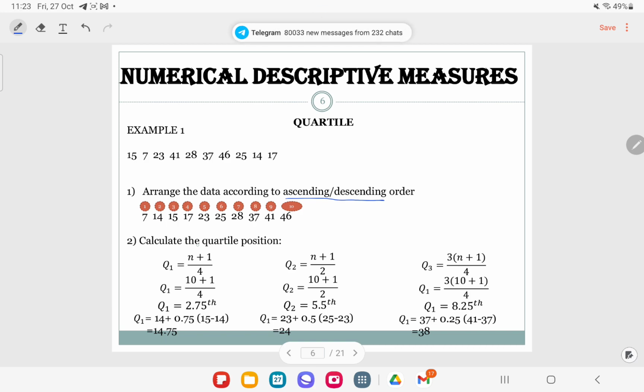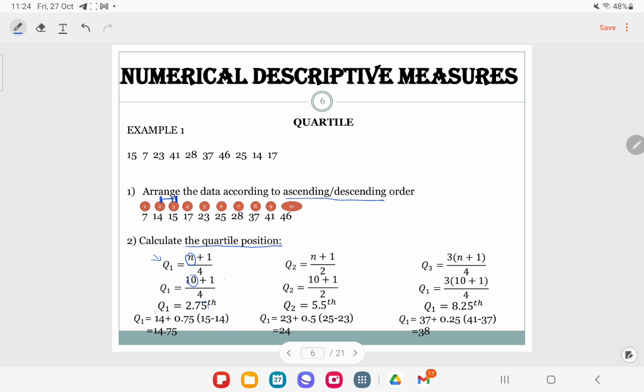Then next, calculate the quartile position. For the first quartile, 10 plus 1 divided by 4, where 10 is represented by n, the sample size. Then we get position 2.75, which falls between the second and third positions, closer to 3.